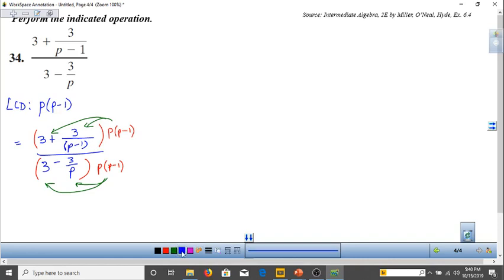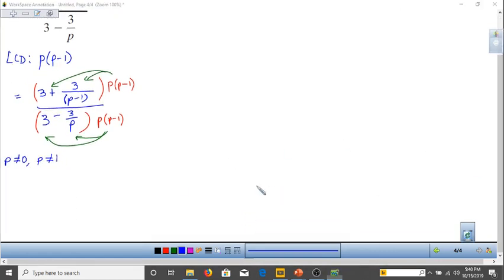And we also have to remember that P is not going to be allowed to be 0 and P is not going to be allowed to be 1, or we would not be able to do the simplification. So moving on here, we get 3 times P minus 1 plus 3 times P minus 1 over P minus 1.